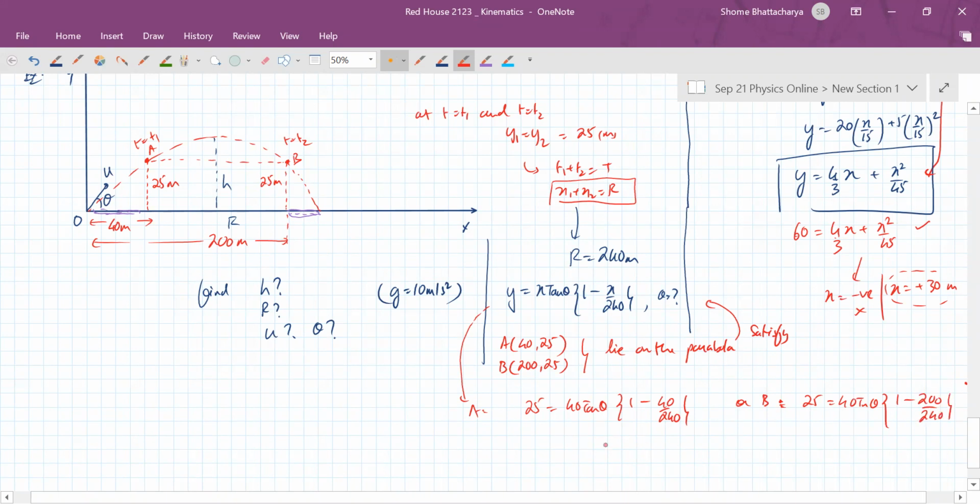See, interestingly, both of these will give you the same information. This is 1 minus 1 by 6, so 5 by 6. So this is giving you tan theta is 3 by 4.